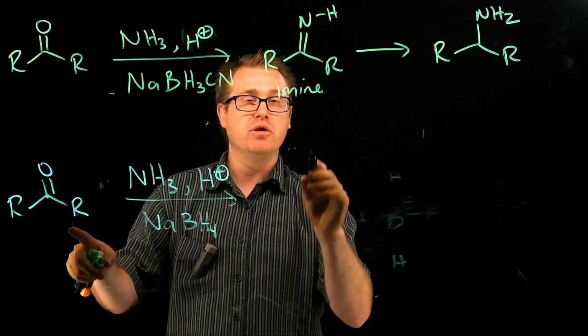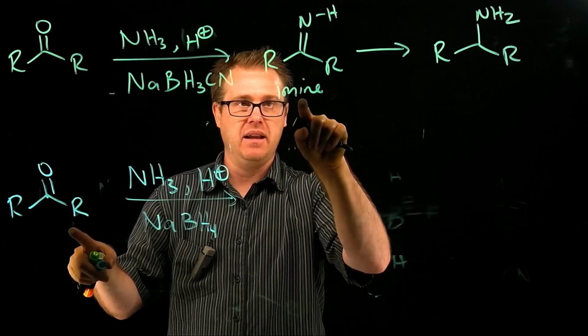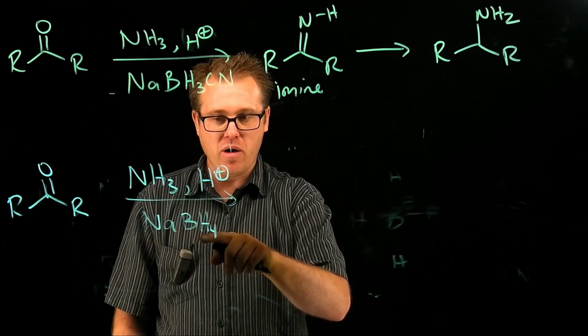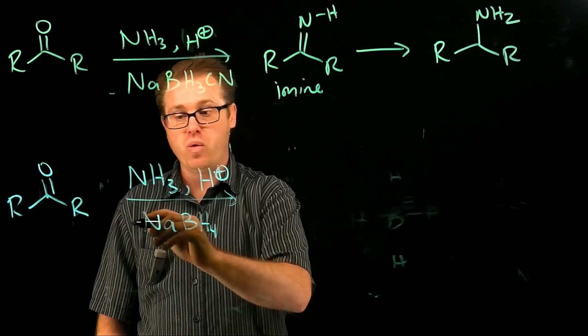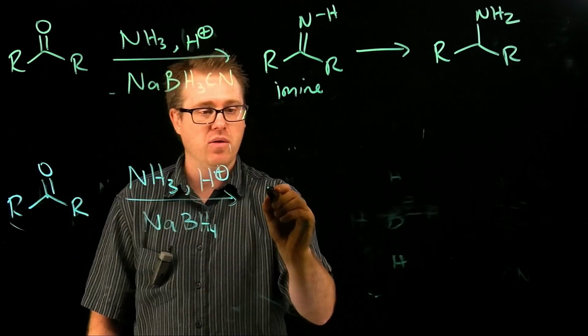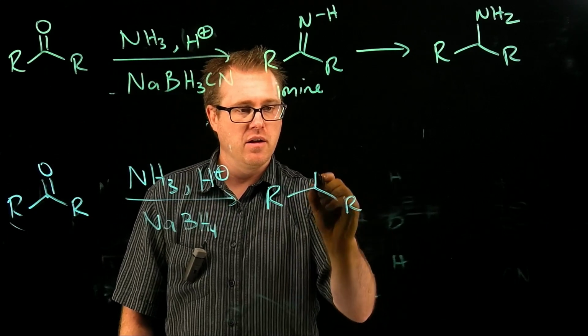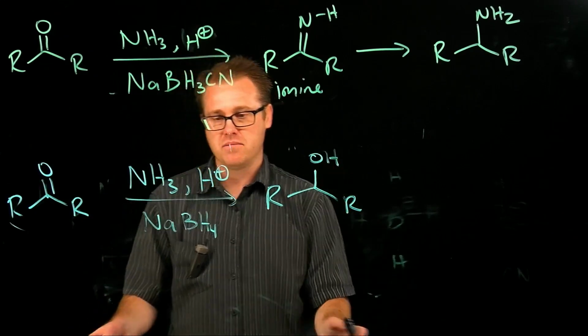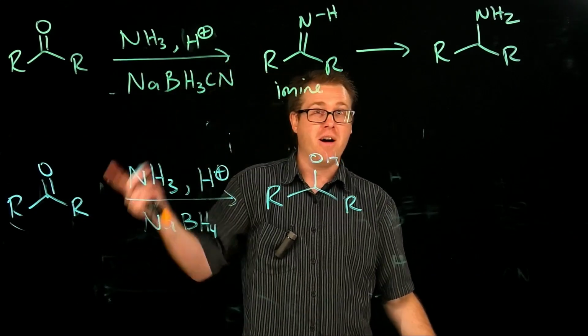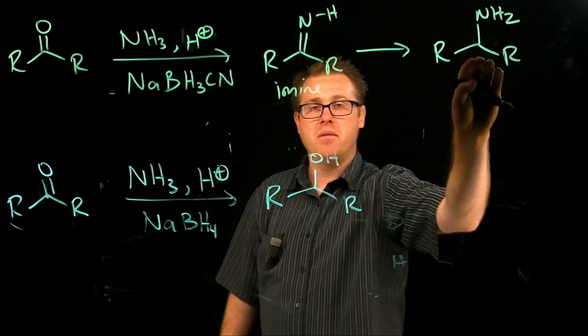And so we will not generate the amine. This sodium borohydride is just going to quickly reduce the ketone into an alcohol. And then that's just not what we want. We want the amine.